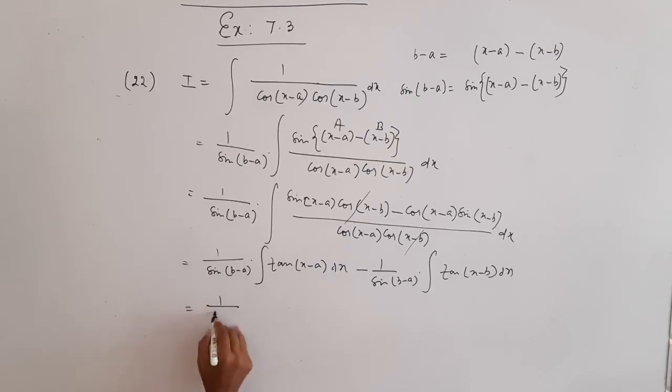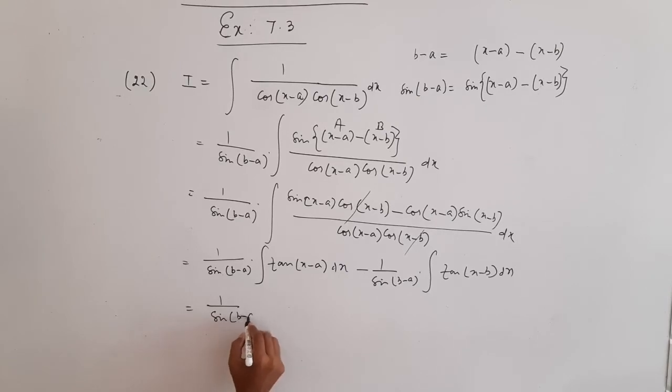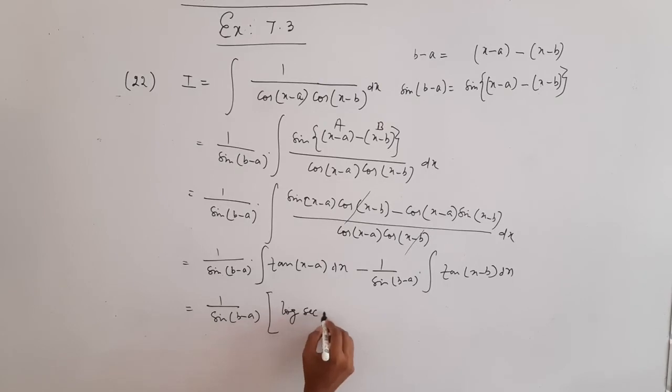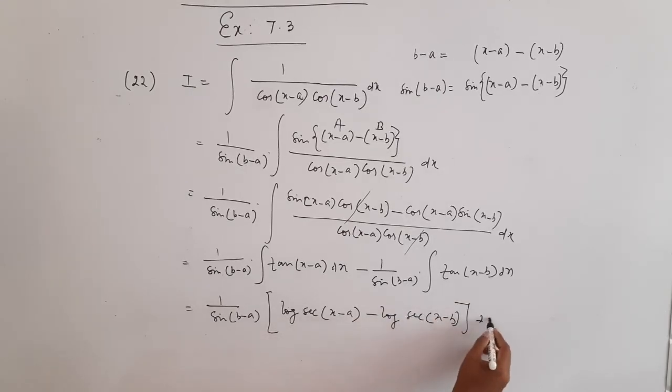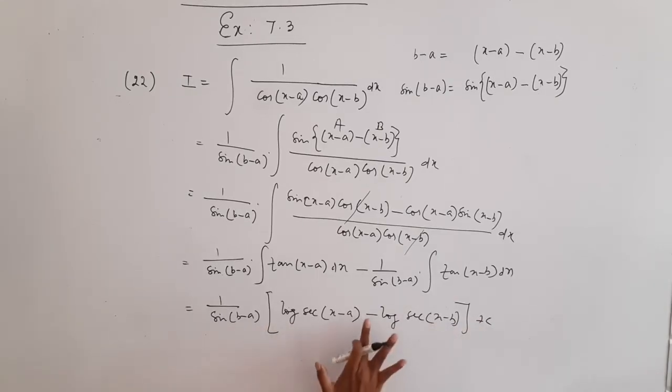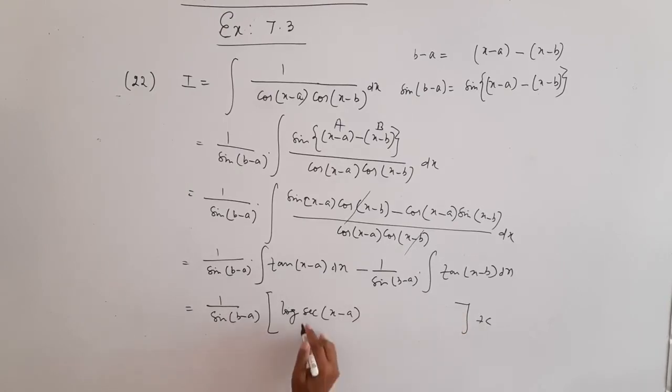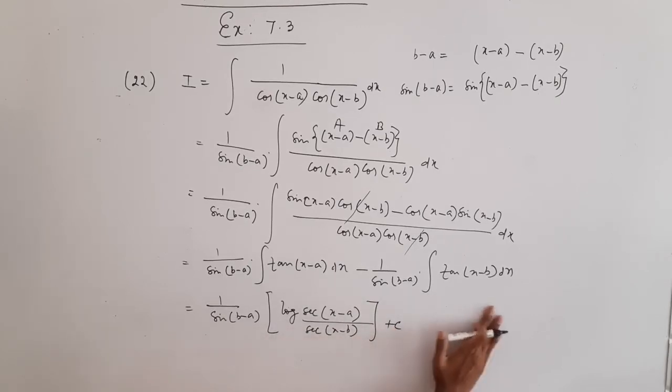So I keep sin(b − a) outside, and this becomes log sec(x − a) minus log sec(x − b) plus c. You know that log m minus log n is log m by n, so I write this as log of sec(x − a) over sec(x − b), and this is done. So this is the answer of this question.